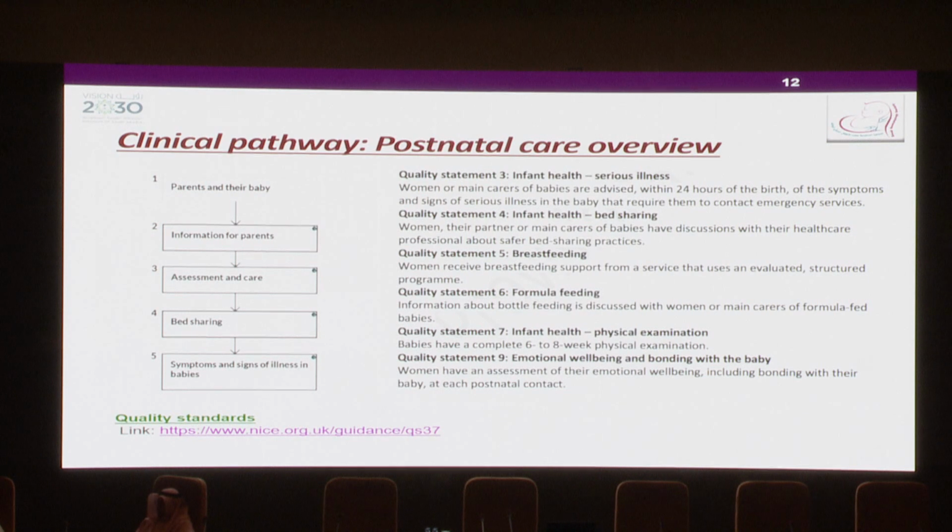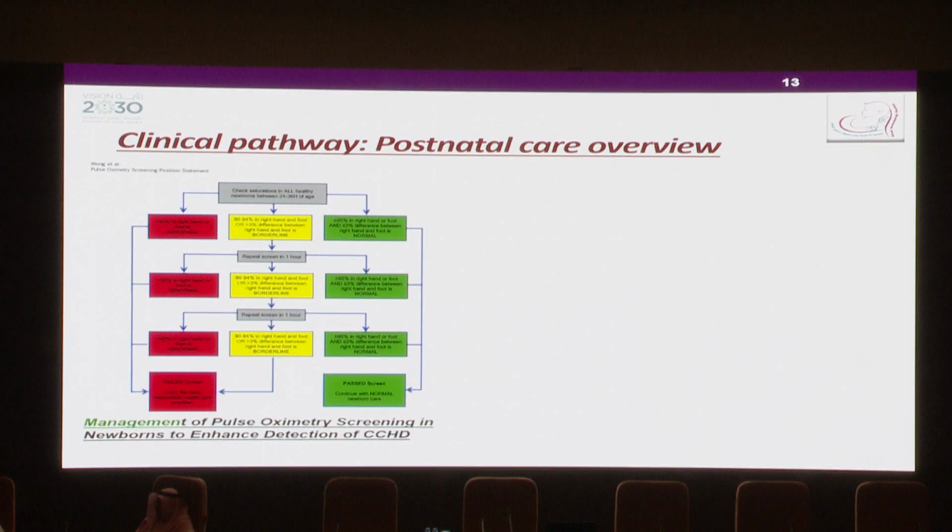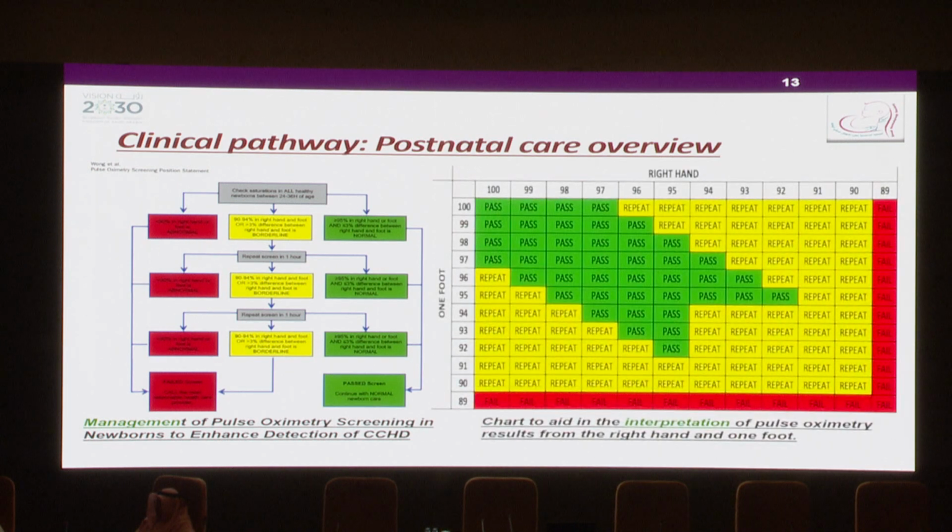And again, this is the first one which I mentioned earlier, when it comes to the assessment of care, the bed sharing, the symptoms, and we also link where we got those adaptations. Again, the pathway for critical congenital heart disease is very important, and most of us know about this one. So we put it in our clinical practice guidelines, because you want the peripheral hospitals as well to understand what to worry about and what to look into.